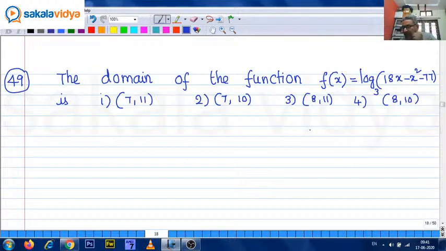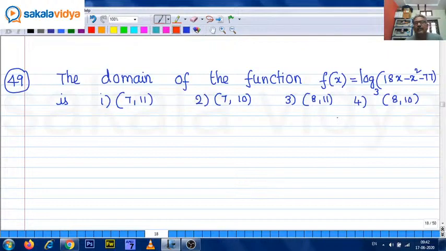Thank you, Ajay Babu. The domain of the function f of x is equal to log of 18x minus x square minus 77 to the base 3. So we need to find out. So let me explain the concept.